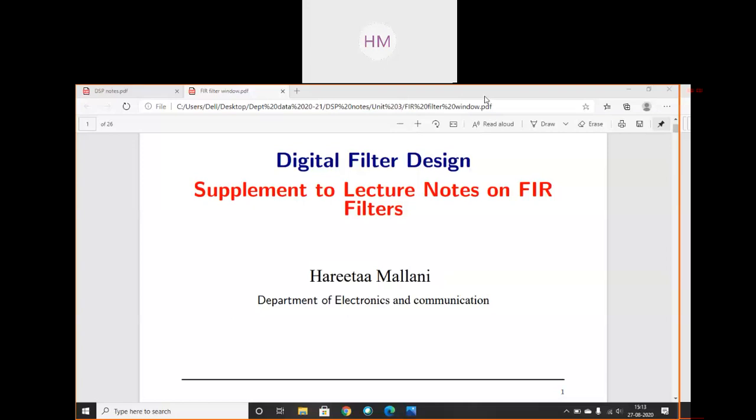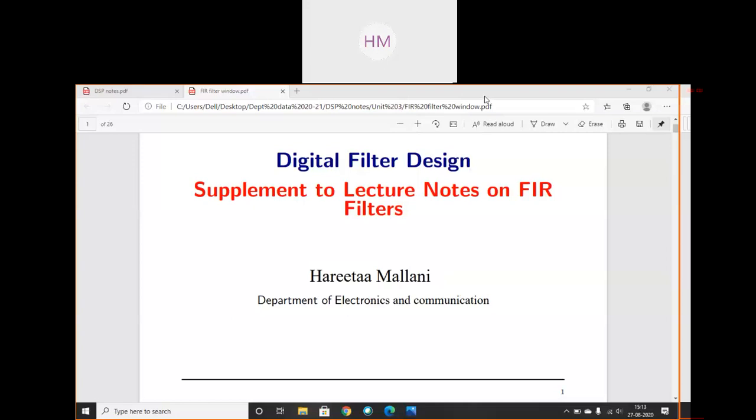Now this unit is about designing these digital filter structures. So what are digital filters? We all know a filter is an electronic device or circuit which will select a particular range of frequencies and eliminate the remaining frequencies.